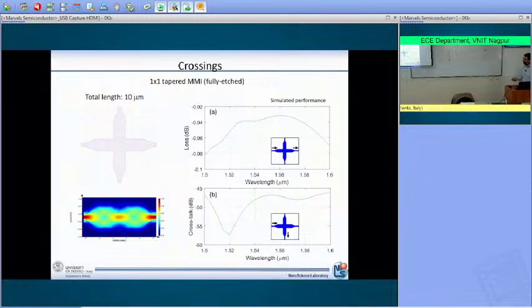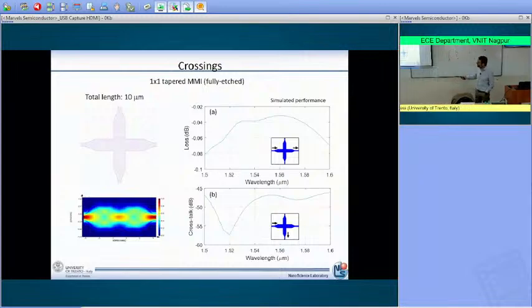And here is the kind of design that reduces the insertion losses to less than minus 0.02, minus 0.04 dB over the full spectral range of our different channels. How can we optimize that? We use the concept of self-imaging.